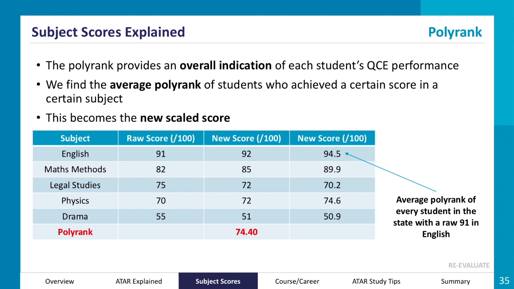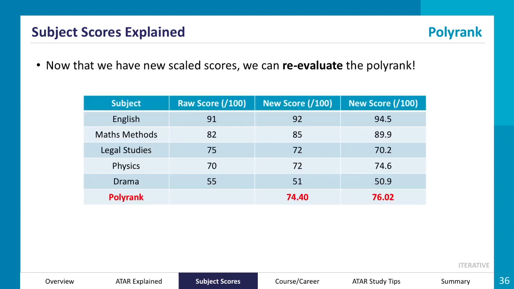Great. So now we have scaled results, which not only look at percentiles based on where you finish within a subject, but they also look at competition. So we're done, right? Well, no, we've still got another couple of steps. What we can now do, now that we have an updated round of scaled scores, is find an updated Polyrank.